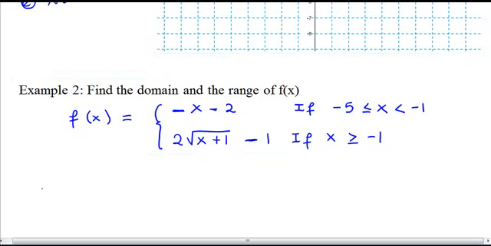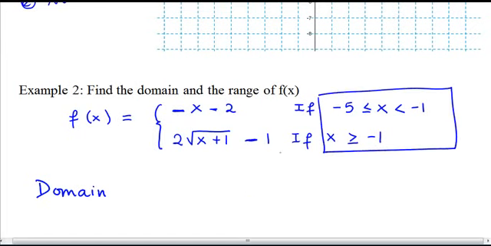So to find the domain, I found that it's easy to just read it from there, because I know this means the domain. So I go from minus 5 through minus 1, and here is 0.